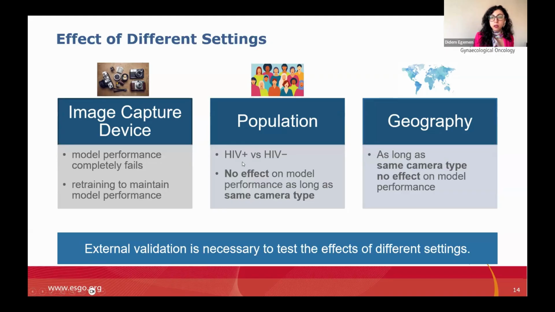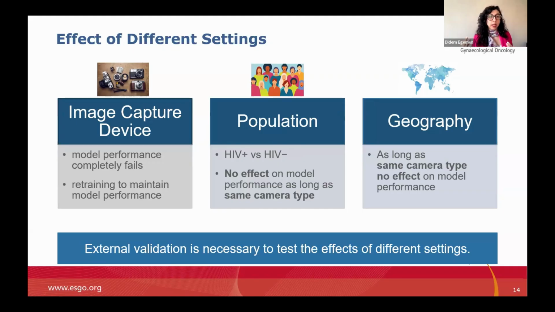Also, we tested our algorithm on different populations, HIV positive and HIV negative. Our original algorithm was only trained on HIV negative individuals, but when we tested it on HIV positive individuals, we were still able to obtain the same high performance.